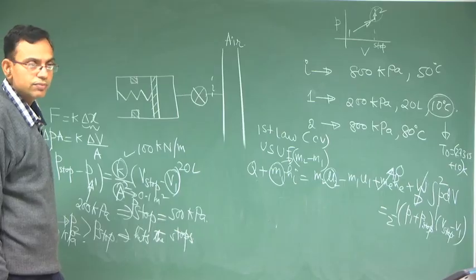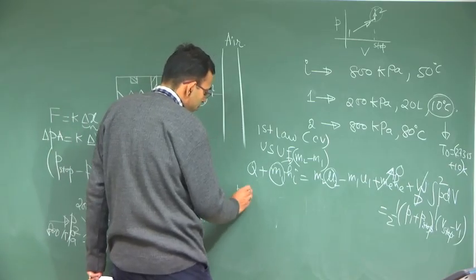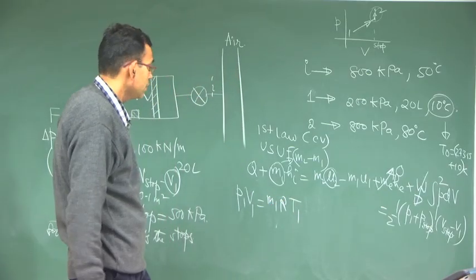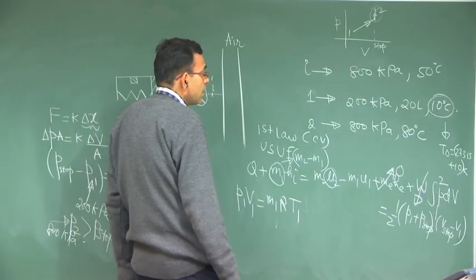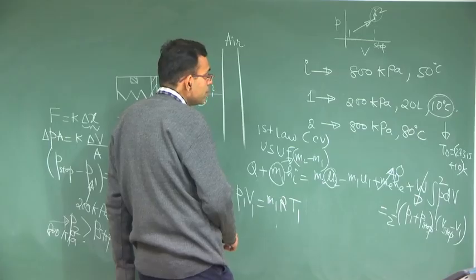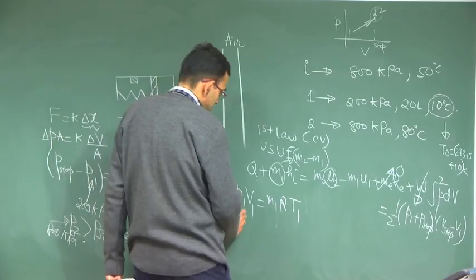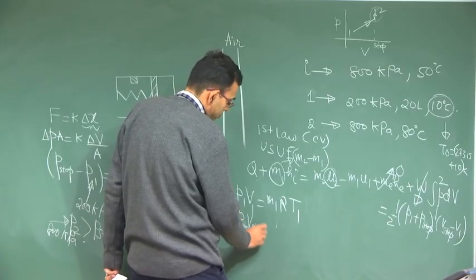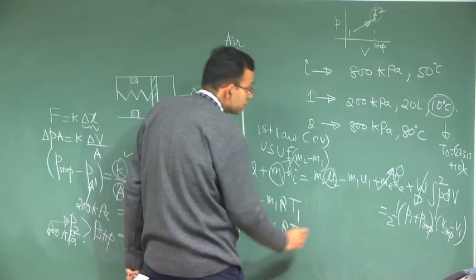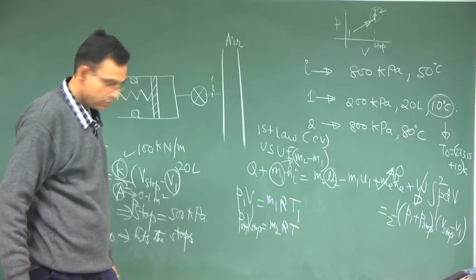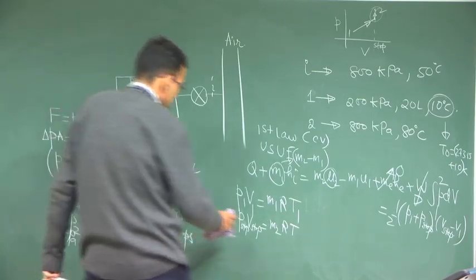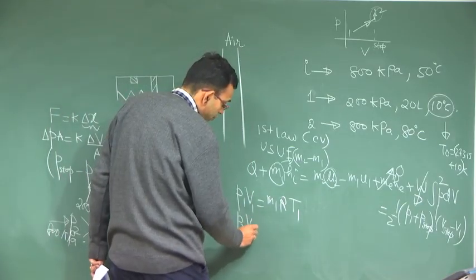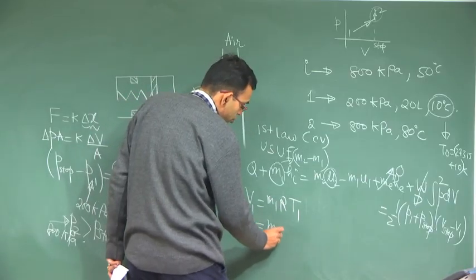So, you can use the ideal gas law, right. So, P1 V1 is equal to M1 R T1, right, and P2 V2, P stop V stop, P2 V2, V2 is same as V stop, is equal to M2 R T2.